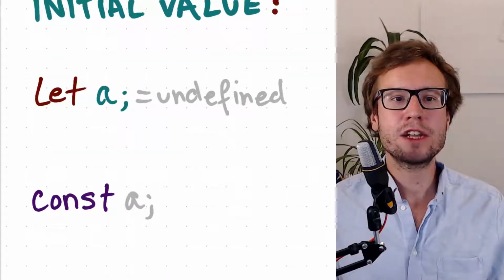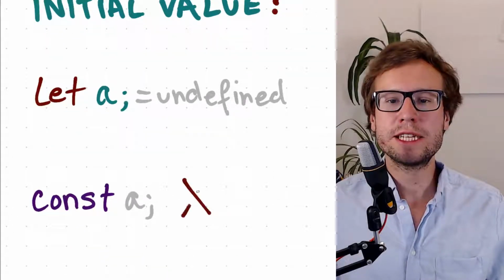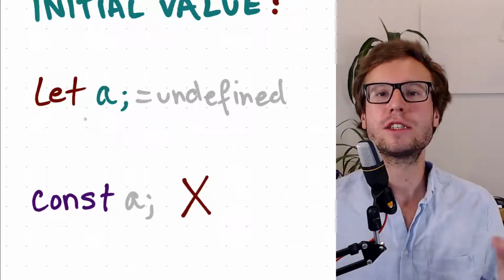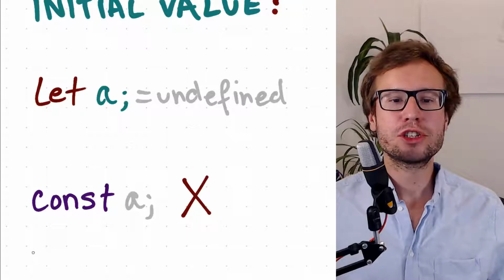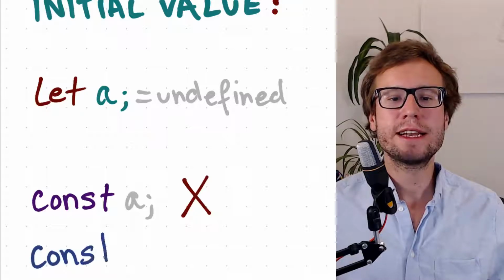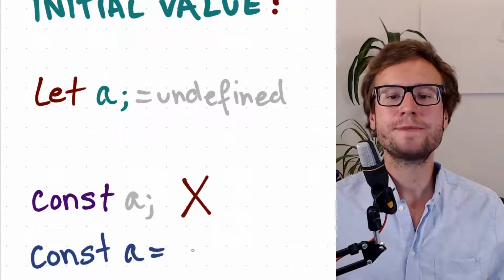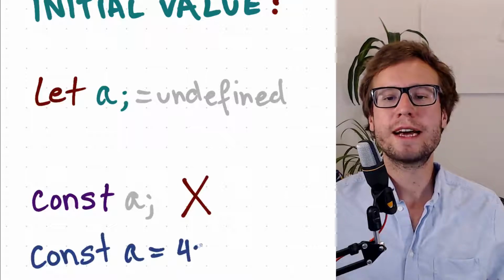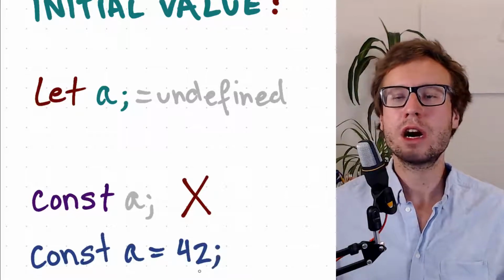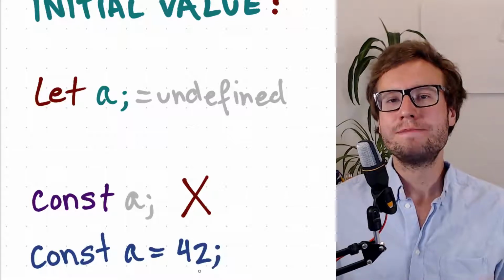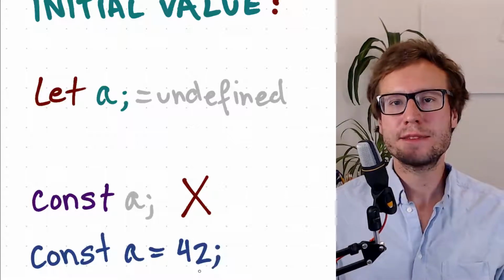That's why we cannot do this. This is a limitation of const. You cannot just write const a or const any name. You actually have to write const and then initialize that a with some value. So that's a side effect of the const being a sort of constant.